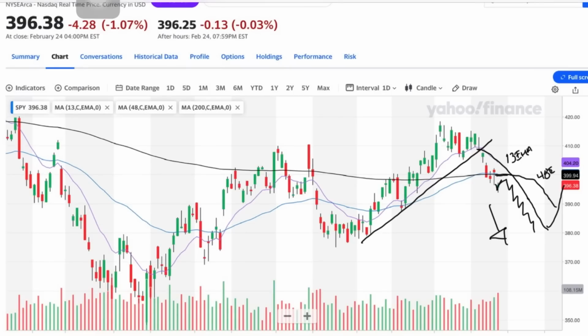Matter of fact, let's go back into the charts real quick. This is what a lot of people do. If we are already at a bottom, check this out. If we are already right here, you are most likely going to get a pop from this level. But unfortunately, a lot of people buy puts right here thinking the stock is going to go down, when it doesn't work like that.